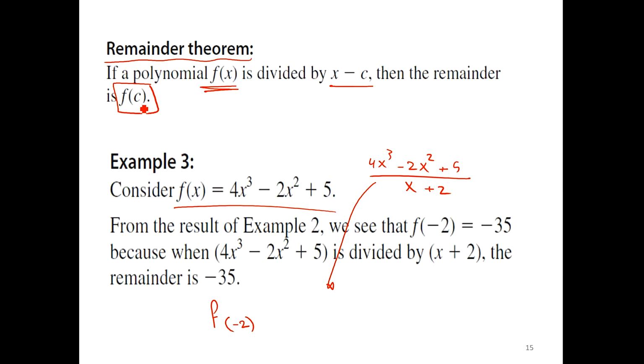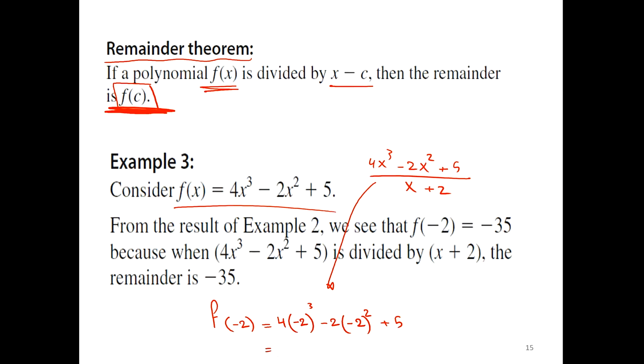This is f of c, where c is negative 2, because the divisor here is x plus 2. After substituting, we have 4 times negative 2 to the power 3 minus 2 times negative 2 squared plus 5.